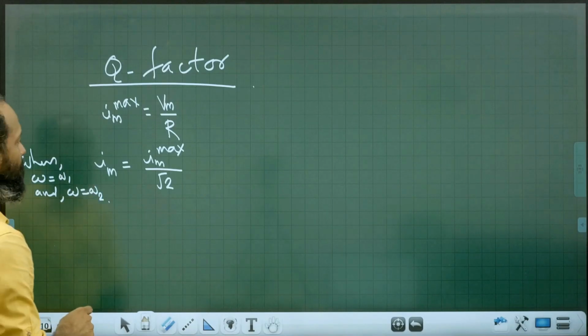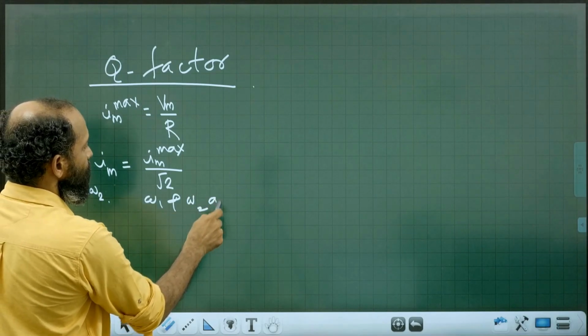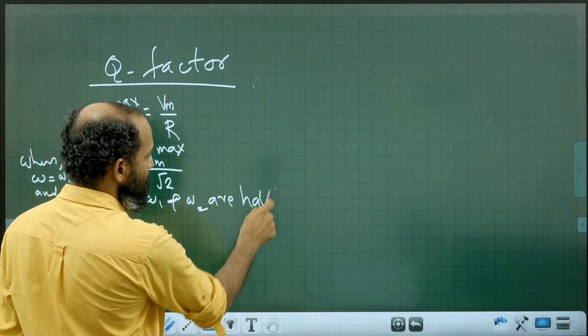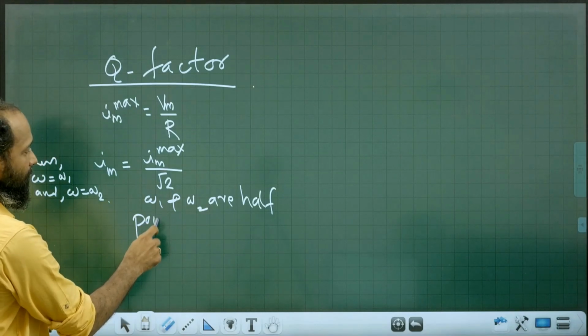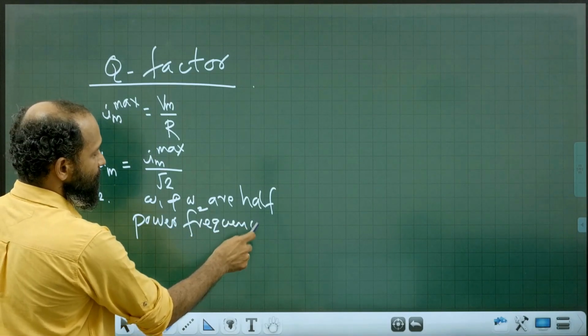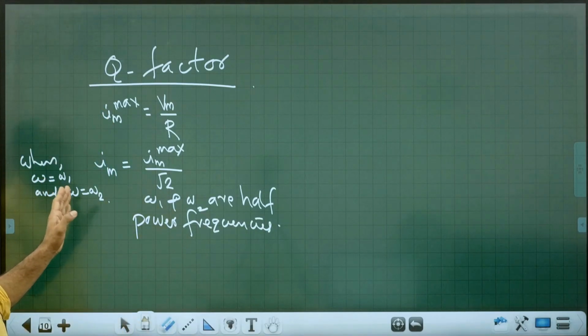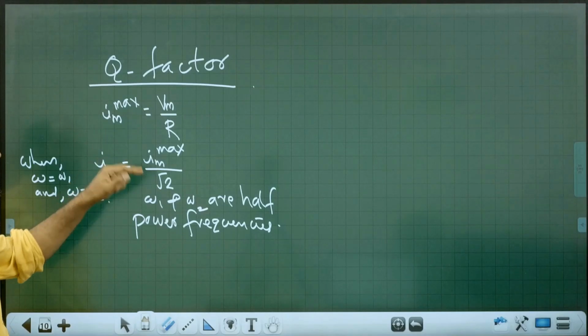These two frequencies, omega 1 and omega 2, are half power frequencies. So what do we mean by half power frequencies? Omega 1 and omega 2, where Im is equal to Im max divided by root 2.